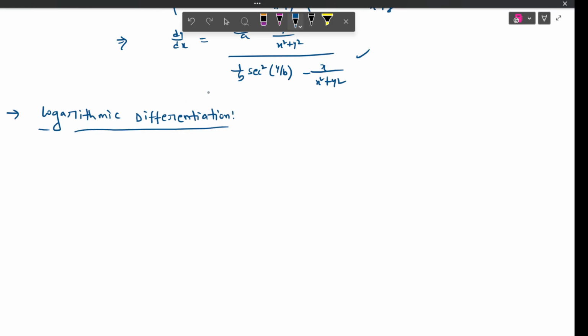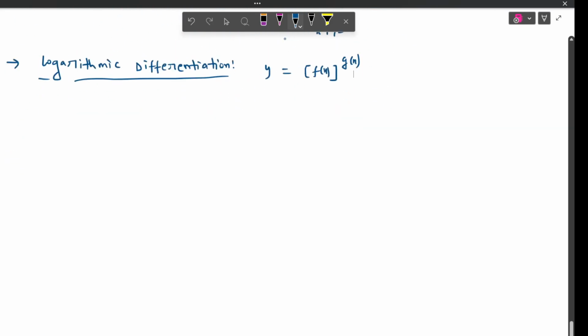So, where to apply logarithm? If you have y in this format, f of x to the power g of x, function to the power function, then apply log in both the sides. Okay. Let's see some question.